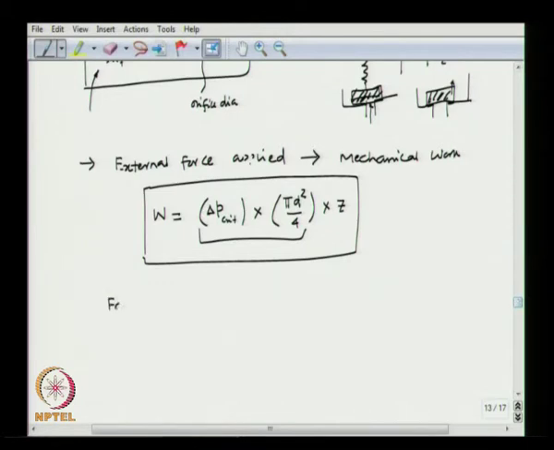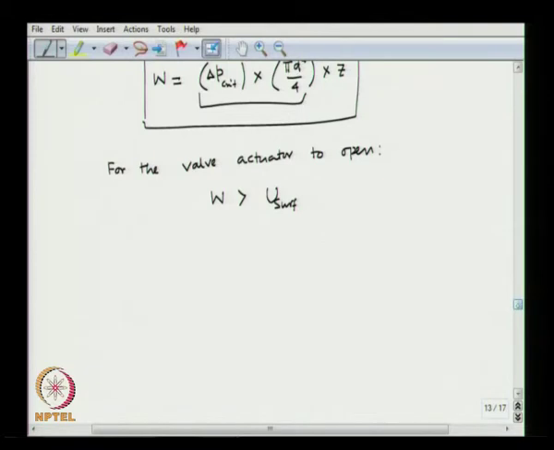So, for the valve actuator to open, W has to be greater than U surface. In the limiting case, this will be equal to the surface energy.